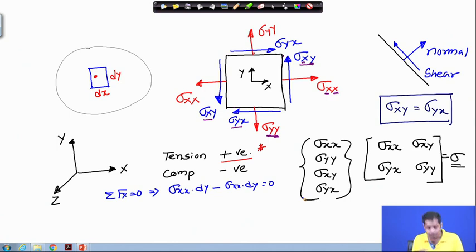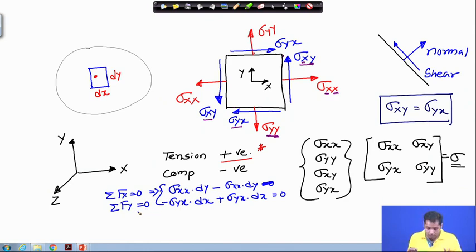So, the summation of Fx is equal to 0. Similarly, you can show that the summation in y is also 0. Now, sorry, there is one more thing. We have another two forces, one in this direction and one in this direction. So, sigma yx acting on delta x, minus, and then plus sigma yx acting on delta x. So, that is equal to 0. So, the summation of Fx is equal to 0. Similarly, you can show that the summation of Fy is equal to 0.